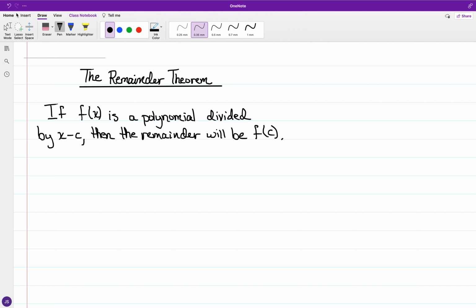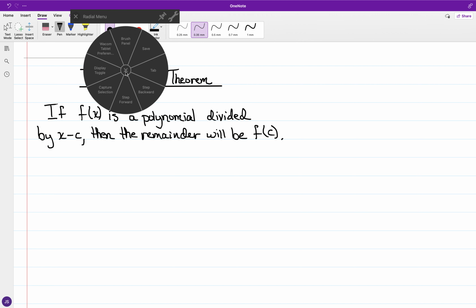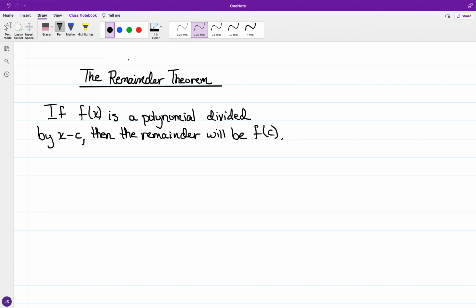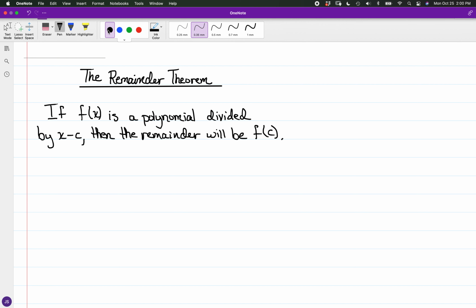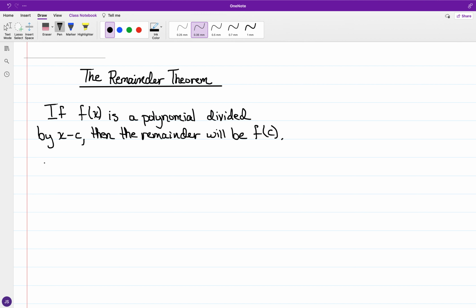Just to give you a little bit of an illustration, you could use the remainder theorem, the determination of the value of a function for a specified input, to find out what the remainder is going to be. Let me give you a case.